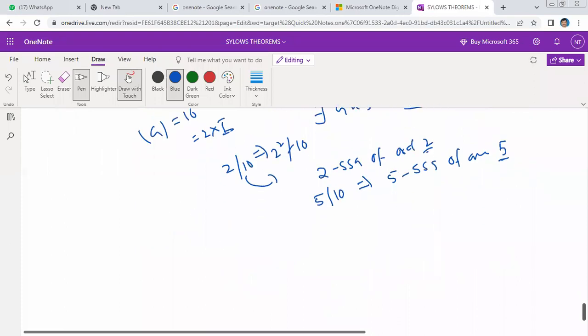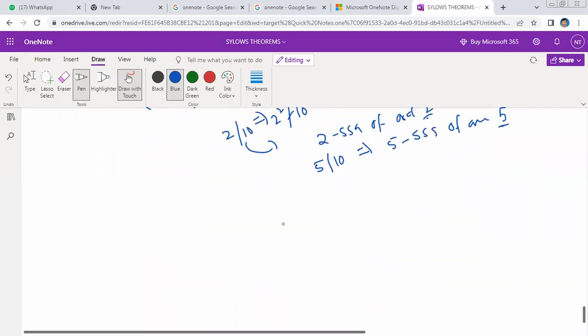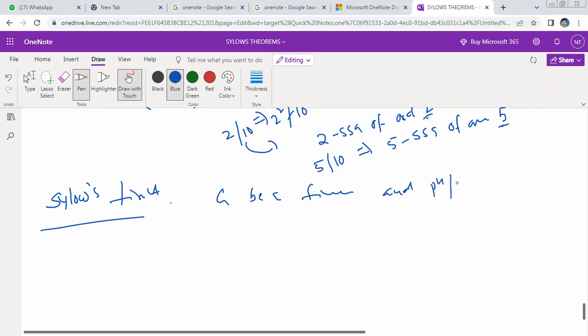Okay. Next one, Sylow's first theorem. What is Sylow's first theorem? I told you yesterday, I will recall it once again. Let G be a finite group and P to the power n divides the order of G, for n equal to 0, 1, 2, 3.